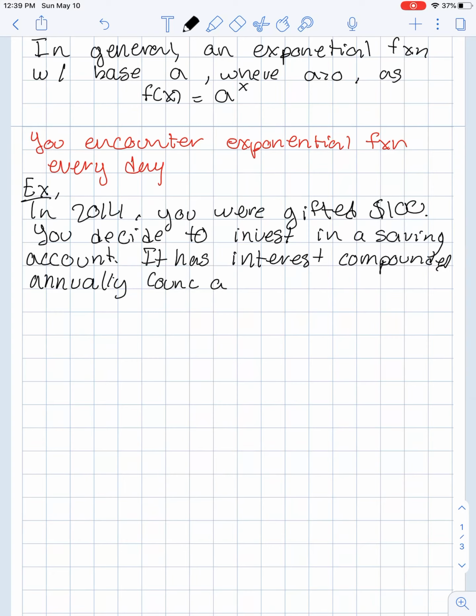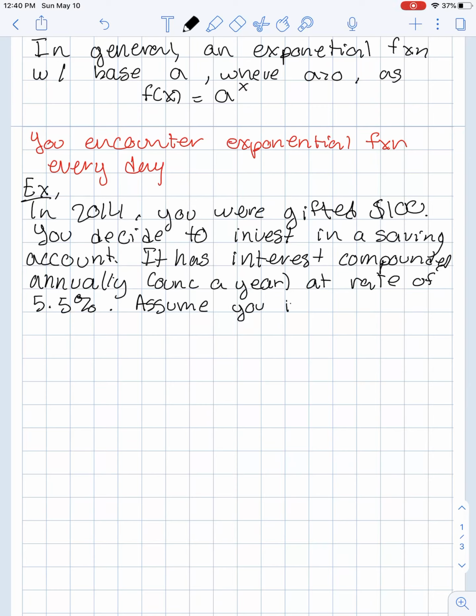So that means once a year, at a rate of 5.5%. All right.